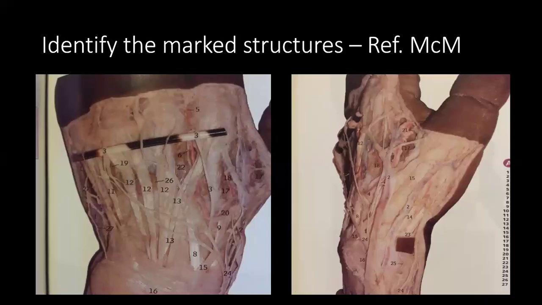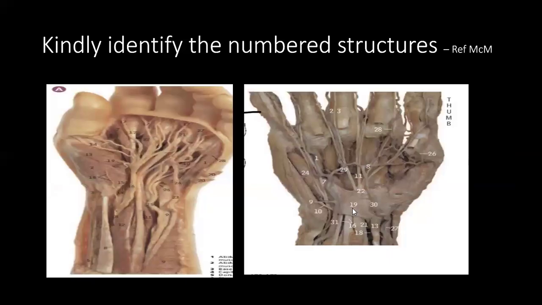Extensor tendons of the forearm, that includes, ma'am, extensor pollicis, extensor digitorum, extensor pollicis, and extensor... I missed. You missed everything. All right, we'll do the carpal station again.